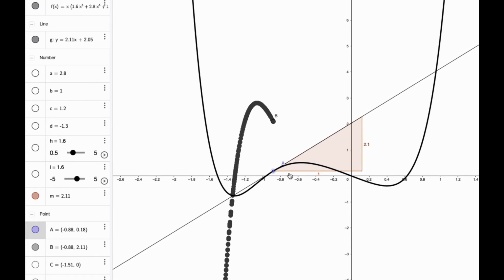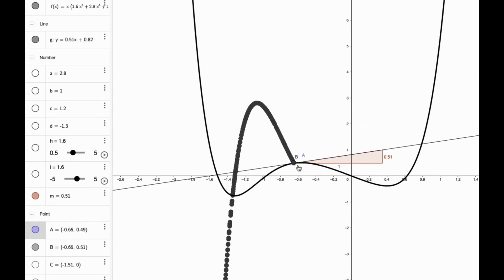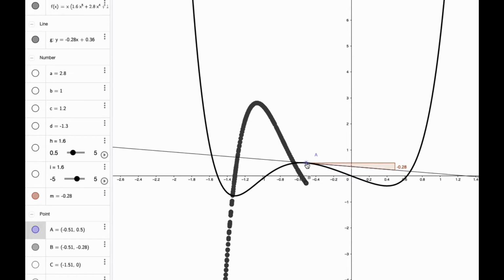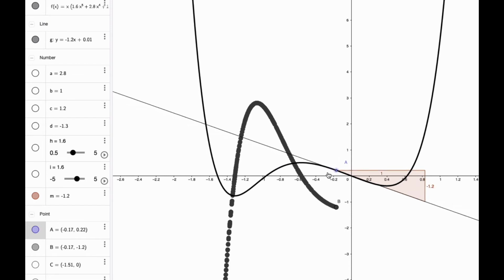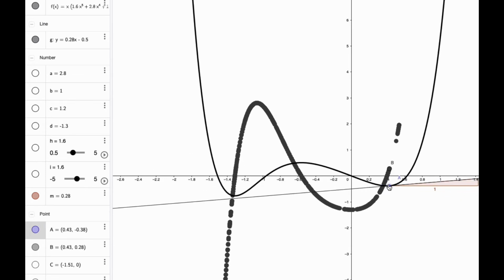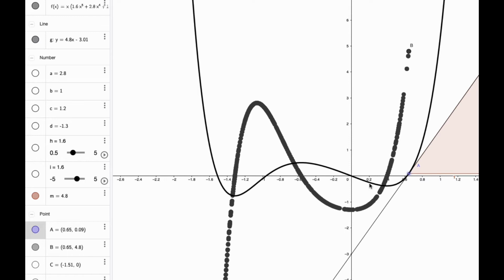As I move along here, slowly, I can see again the slope line is 0, so the derivative goes through the x-axis, and the values of the derivative now are negative. It keeps on going, and it goes through 0 again, and then the slopes are all positive.